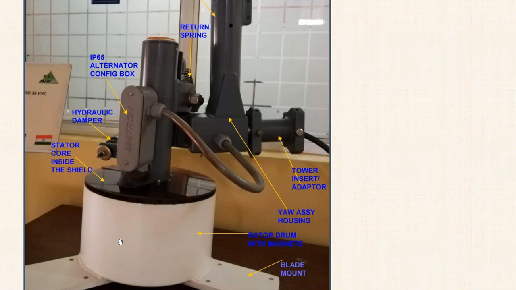This is the stator core. Stator means the stationary part, and the rotor core is the rotary part. The stator core stays stationary, and there is a slight gap between rotor and stator.